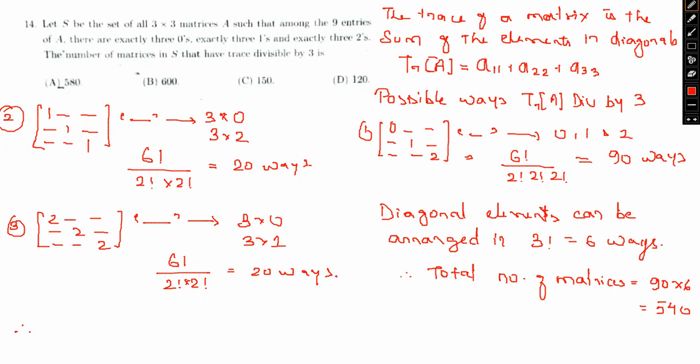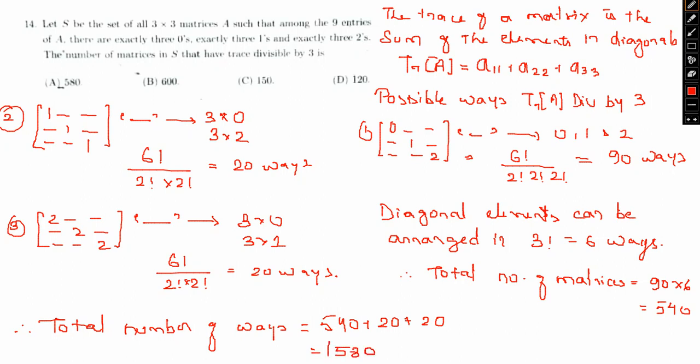Therefore the total number of ways will be 540 plus 20 plus 20, that is 580, which will be our answer, option A.